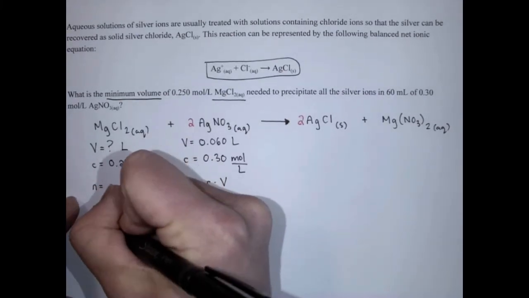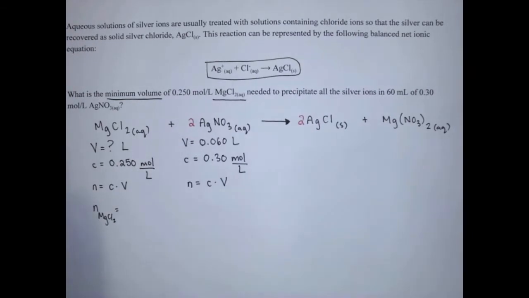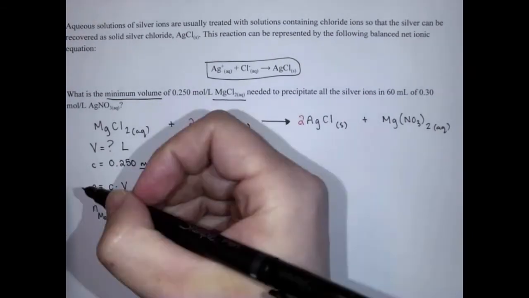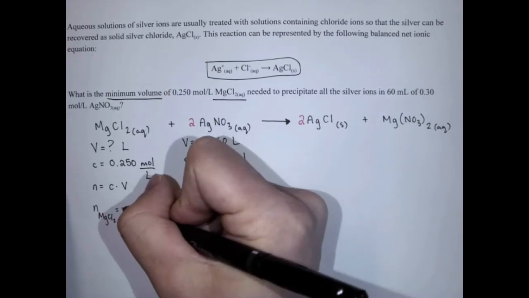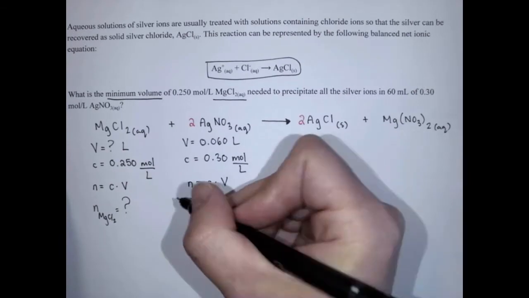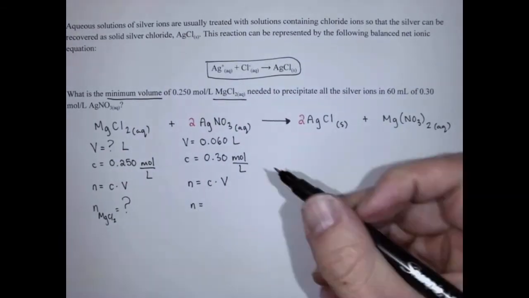So what are my moles of magnesium chloride? That's my question mark. I'm going to have to figure that out at some point, but I can do that by figuring out my moles of silver nitrate first.